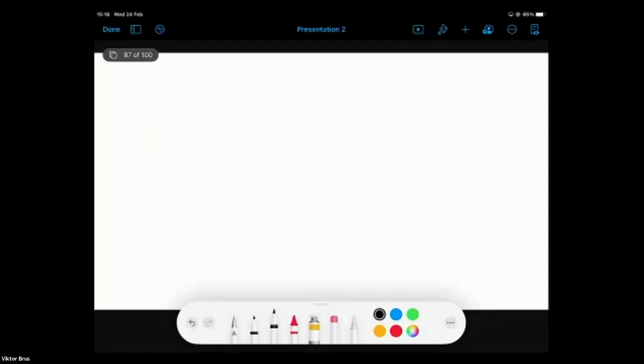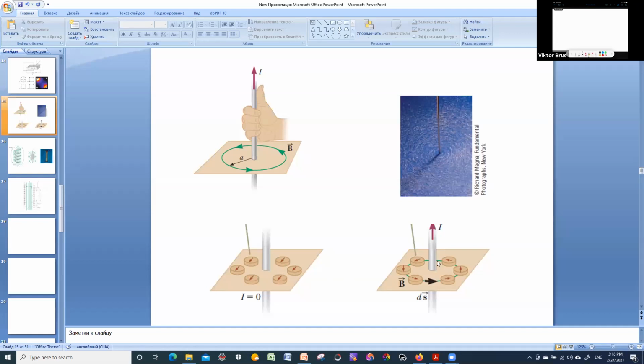So now we come back to our discussion of Ampere's law. So maybe I share my screen once more. To recall, we have a system with electric current.